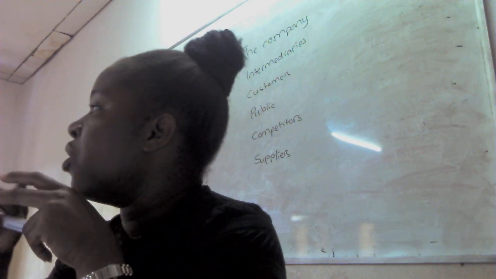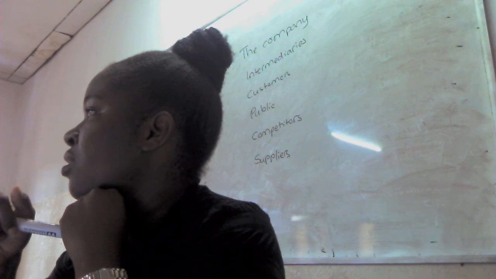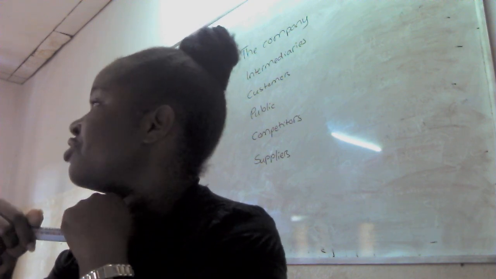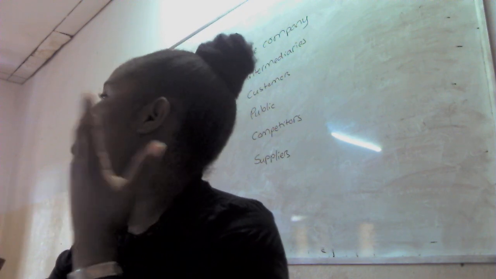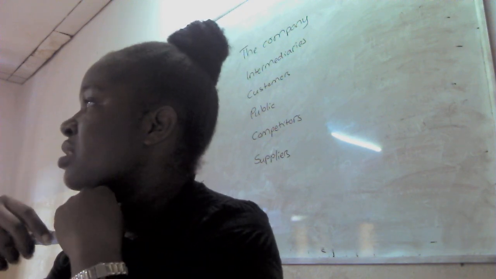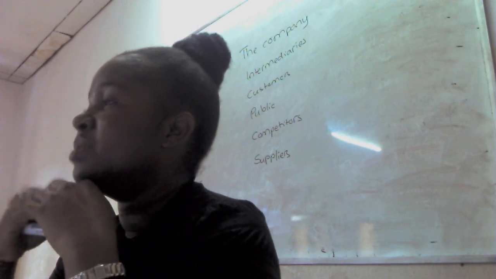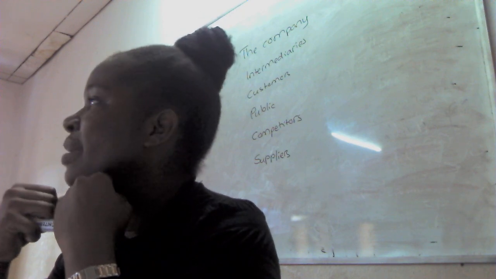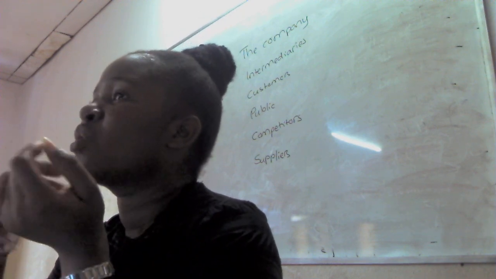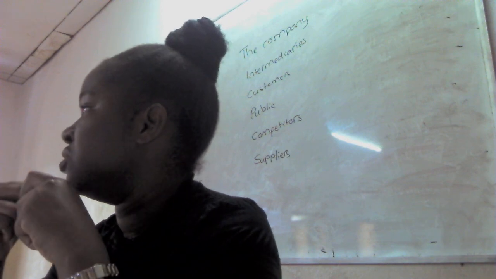For example, we can look at Eskom. They are the supplier of electricity. So if Eskom and the blackouts have affected businesses overall, that's how suppliers affect business. So operations are not happening the way they were supposed to just because there is no stable supply of electricity.